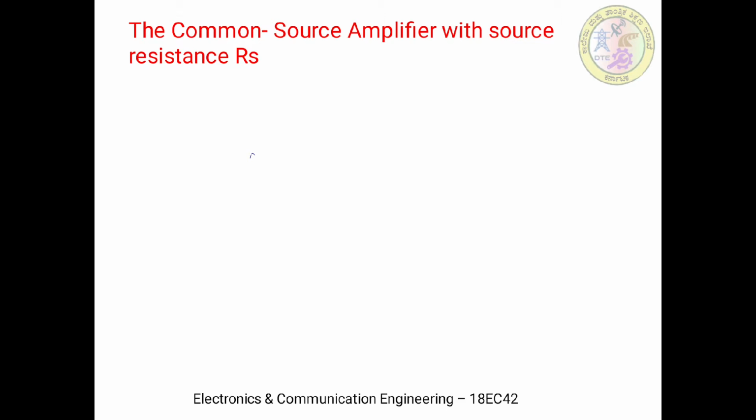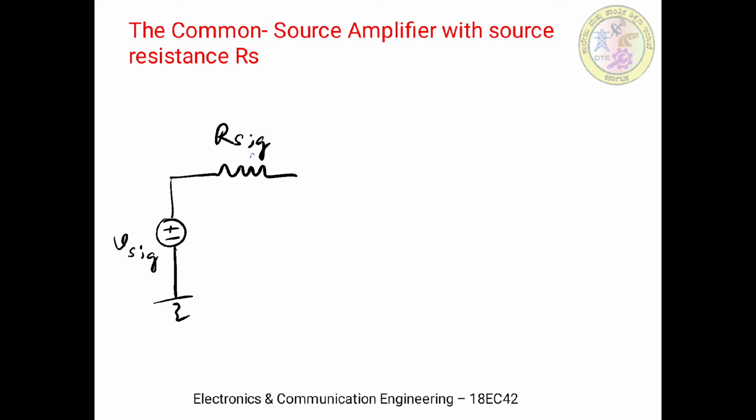So now let us consider a common source amplifier with RS connected to the source terminal. So here we have the signal connected to the amplifier. So this is VSIG and RSIG.